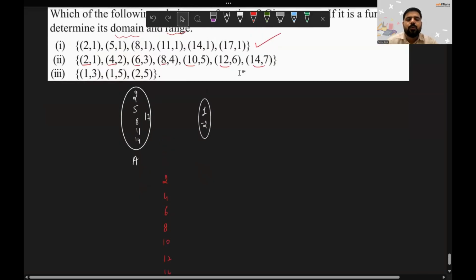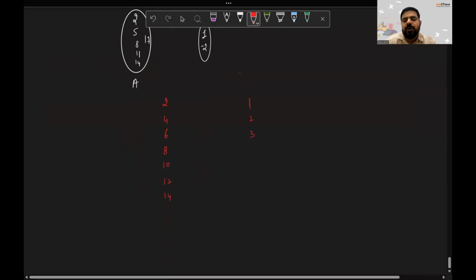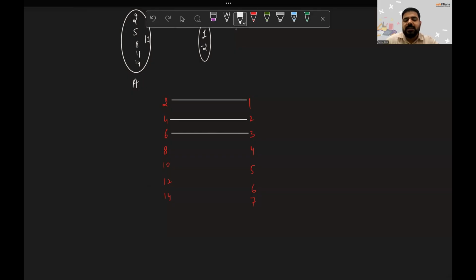And yes, they are mapped to different elements, 1, 2, 3, 4, 5, 6, and 7. So you can see each element is mapped, and one element is mapped to only one element, not more than one element.